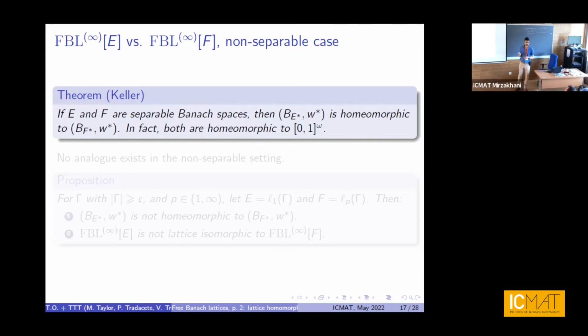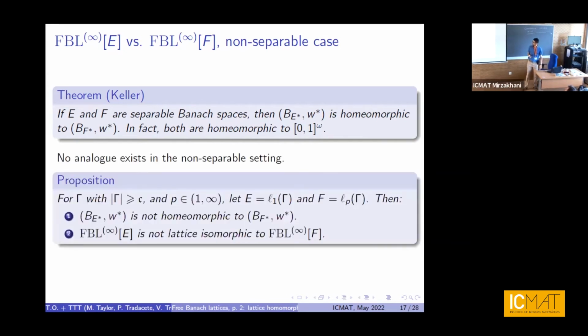This is the famous theorem of Keller, that if we have two separable Banach spaces, then the dual balls equipped with the weak star topology are all homeomorphic to each other, and actually they are homeomorphic to the Hilbert cube. So at least from the topological standpoint, the unit balls of duals are the same. And this is not the case in the non-separable setting.